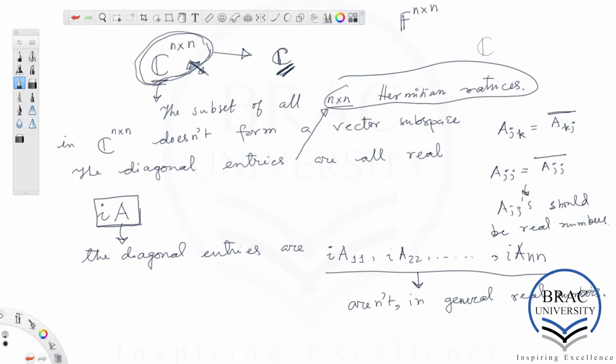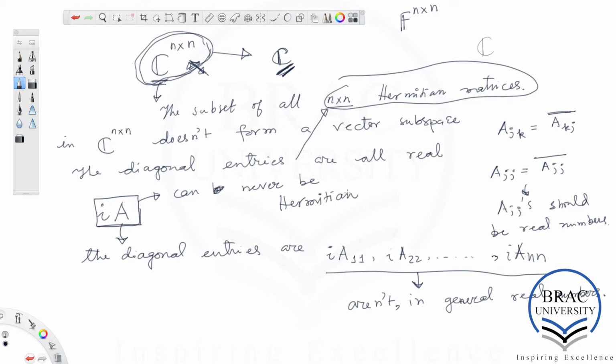So what does it mean? If these diagonal entries are not real, it means that I times A can never be Hermitian.